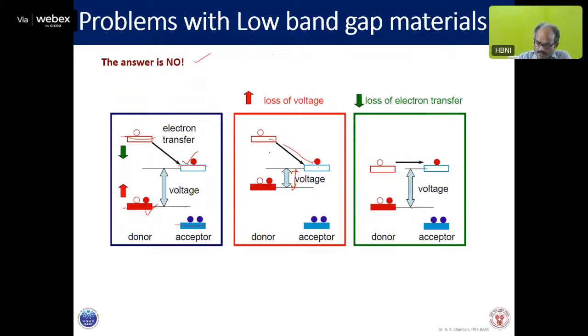So if you can bring it down here, suppose this electron, because these are matching, there will be resonant tunneling transfer of this electron from this level to this level. So current will be very high, but voltage is still less.